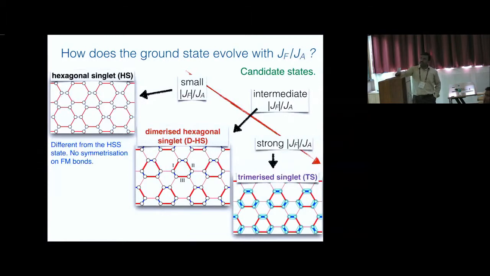So let us repeat. This is weakly coupled hexagonal singlets. This is spontaneously trimerized or trimerized singlet states, which means any of these up or down triangle units are picked up. And in between, you still have the dimerization persisting, but there is no compulsion on the two spins to be symmetrized.